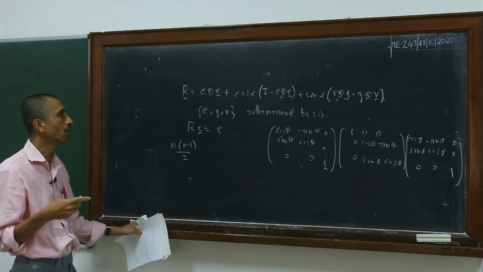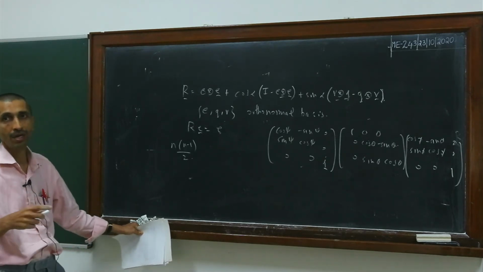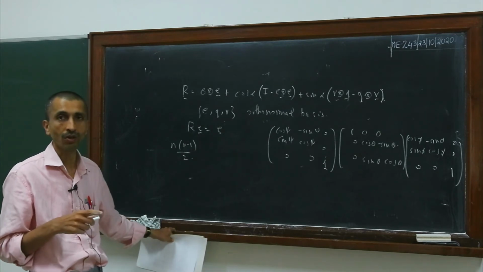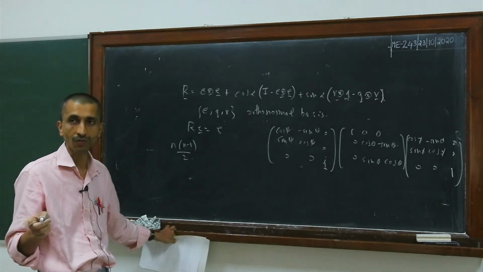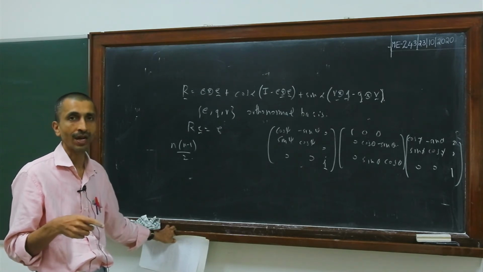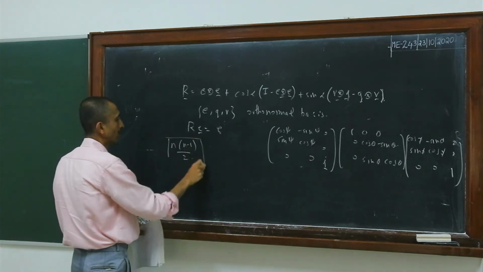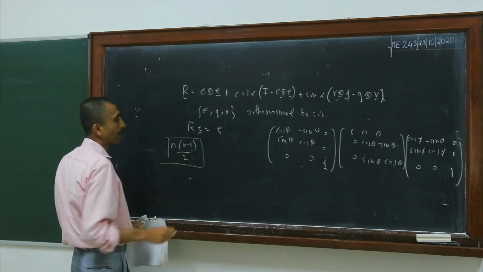So you can set up a one-to-one mapping between the space of rotations and the space of skew-symmetric tensors. The number of parameters required to represent an orthogonal tensor in any given space is n into n minus 1 divided by 2, because that is the number of independent components in the skew-symmetric tensor.